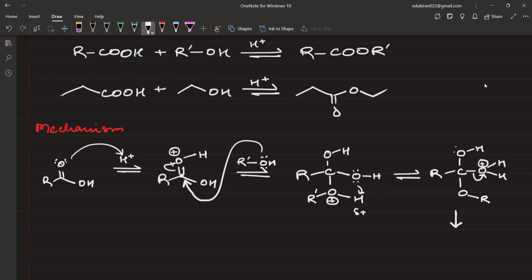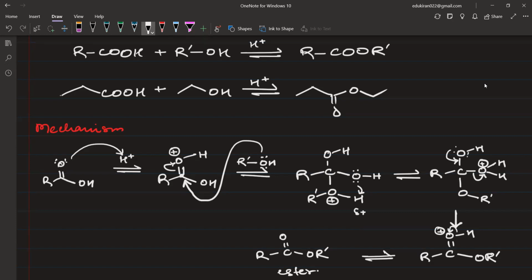This oxygen atom will give the carbon atom some double bond, and you will get R carbon atom with a double bond O and a single bond H. And here you will have OR dash. Now this oxygen will get a positive charge because it has 3 bonds. So this hydrogen atom will give the oxygen its electron, and then you will get R C double bond O OR dash. This is the ester.